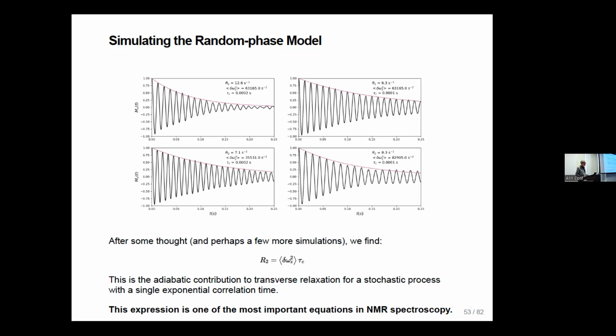And this is one of the main results then of the first part of relaxation theory, is that the adiabatic part of transverse relaxation is the variance in the Z fields times the correlation time for the stochastic process. And as I say, I think that's one of the most important equations in NMR. If you need to know what your next tattoo should be, I highly recommend this so you don't forget it.